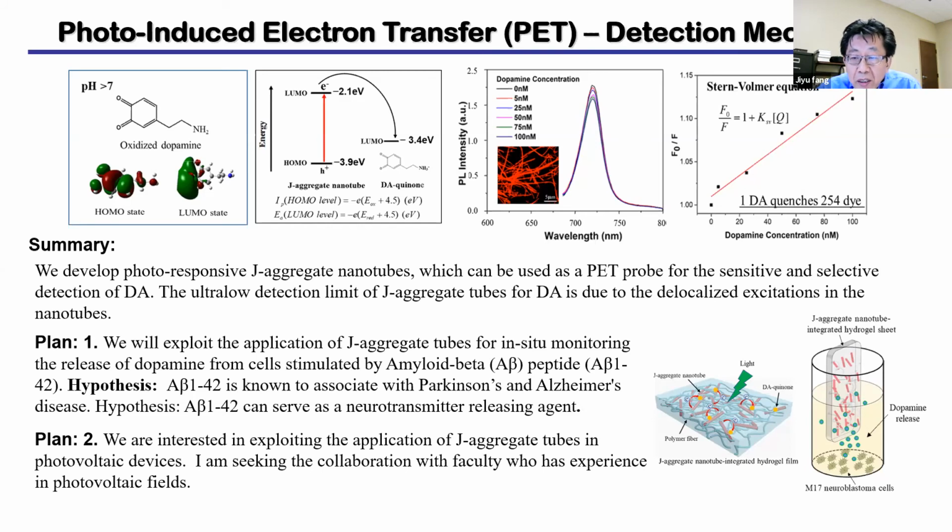In this way, we can screen drugs very easily, using the J-aggregate nanotube integrated into a hydrogel. And due to the highly efficient photo-induced electron transfer of the J-aggregate nanotube, they might also have an application in photovoltaic devices. So I'm looking for collaboration with faculty who have expertise in photovoltaics.